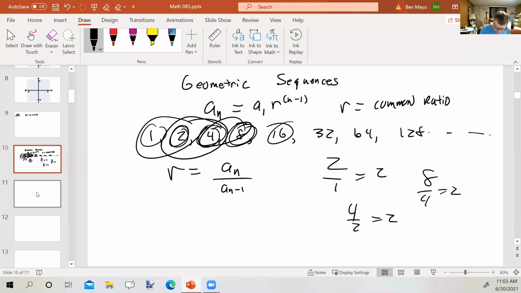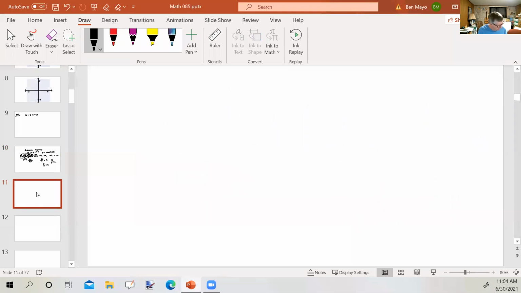Okay. The directions say, write the first 5 terms of each geometric sequence with the given properties, and then find the specified term. Okay, so it says geometric sequence. So the formula that we're going to use is a sub n equals a sub 1 times r to the n minus 1 power.